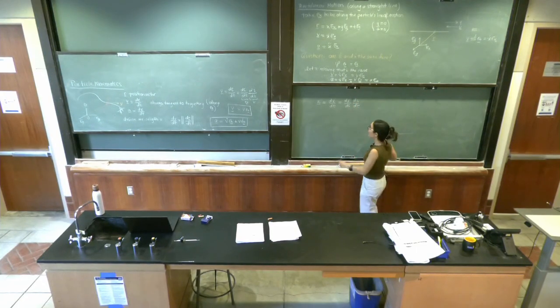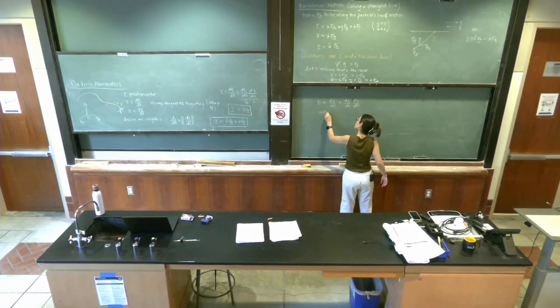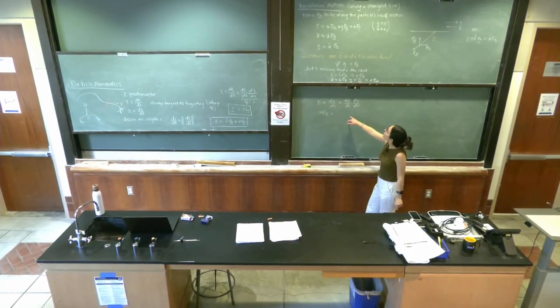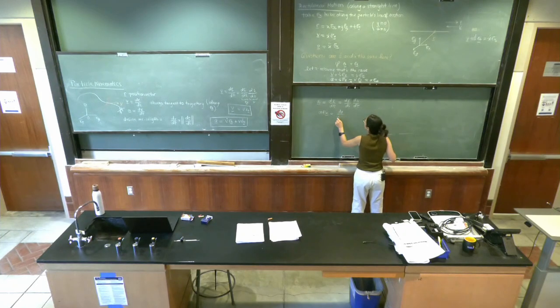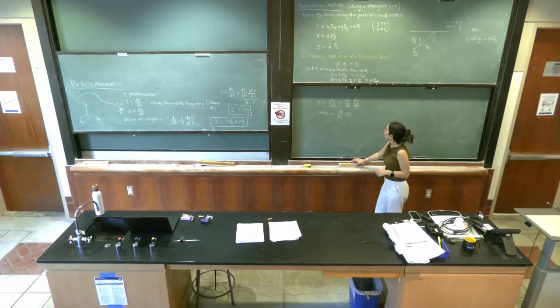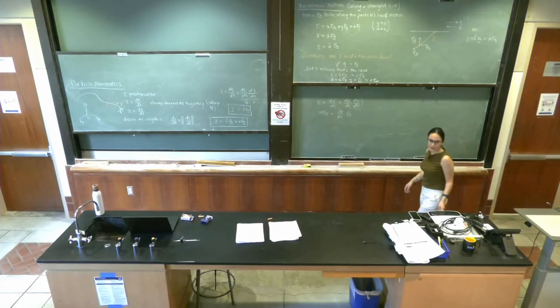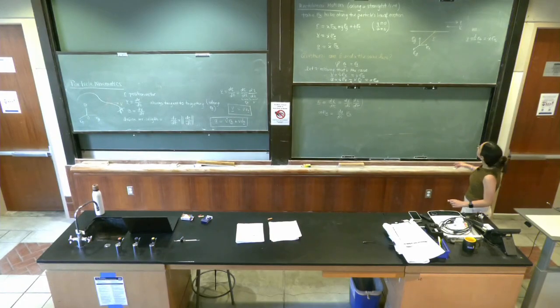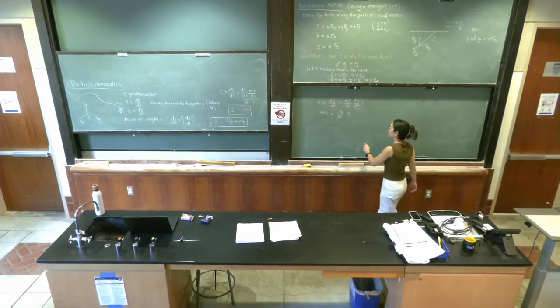Now a is a ex, dv by ds I will call dv by ds ex, times ds by dt. What is ds by dt? I already called it v, right?